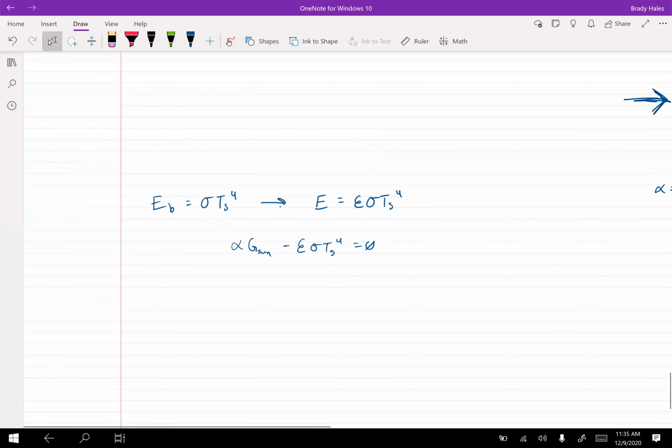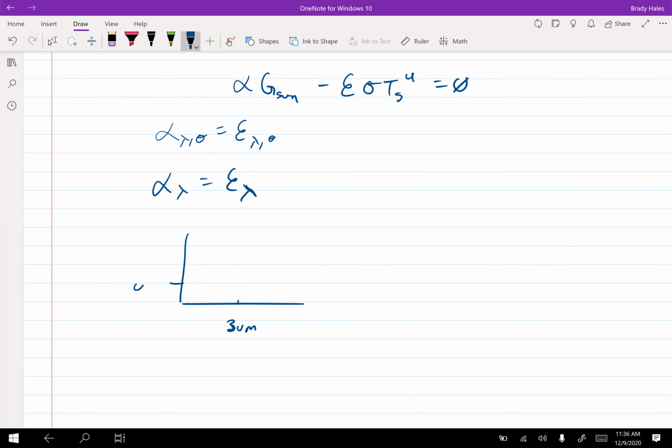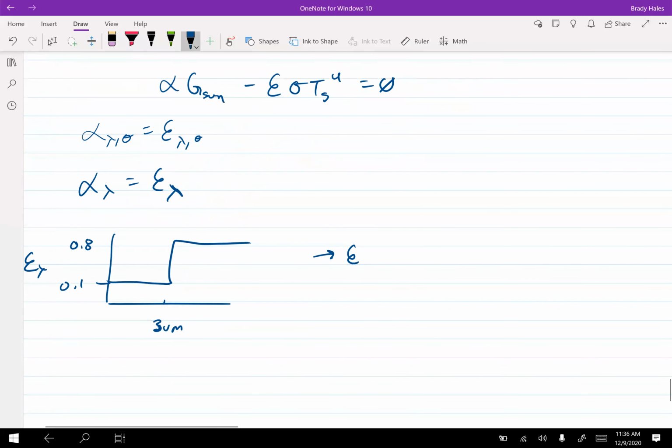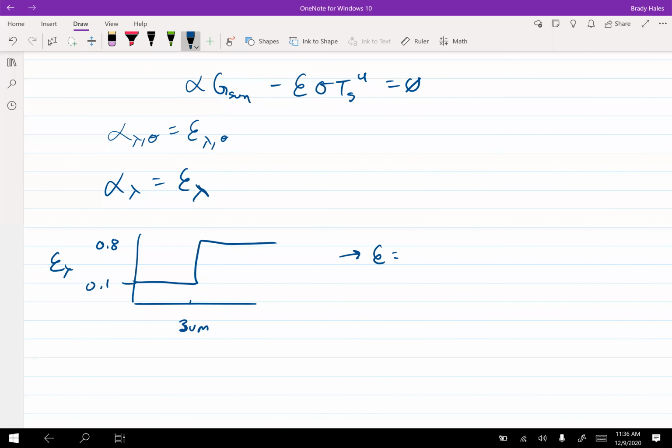So now you can do the same thing, right? You come over to your chart, and that was at 3 micrometers. This is 0.1, this is 0.8, and this is epsilon lambda. So following the same process, we want to find total epsilon.